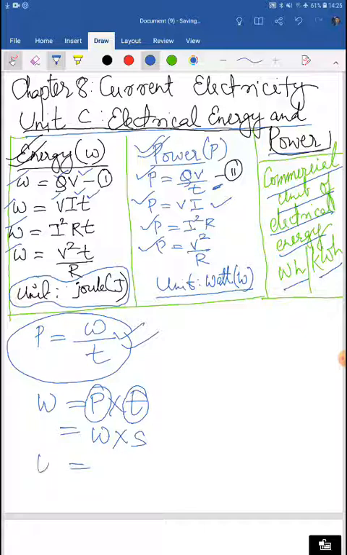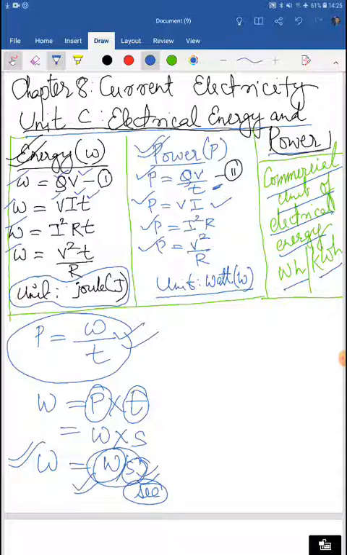So the unit of energy here, we are getting as watt second. So you are measuring the amount of power consumed by an electrical device in seconds. So when you measure in seconds, the amount of time is very less here, isn't it?